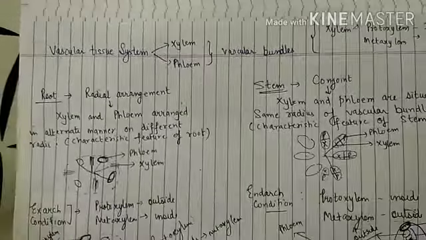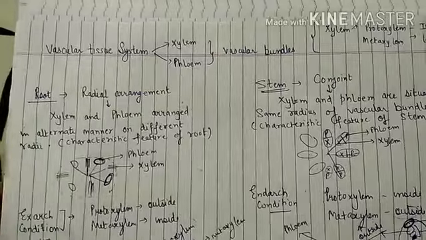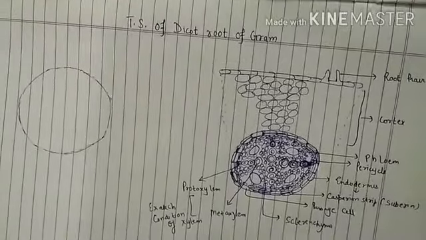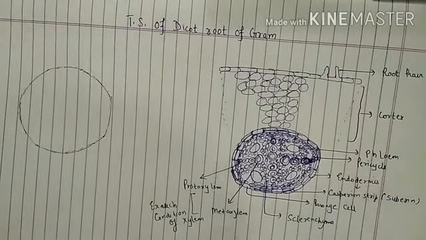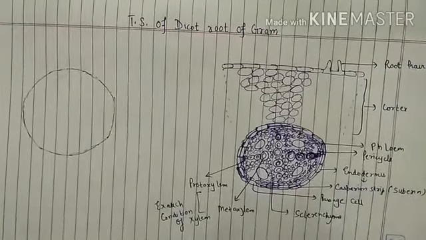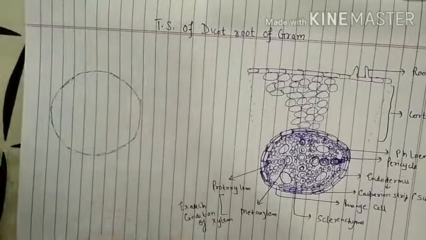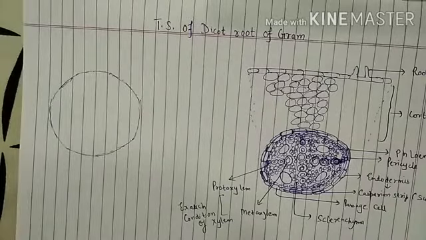Now let us see the anatomy or TS of dicot root. So in TS of dicot root, you will observe that the first layer of cells is the epidermis. There is a layer of cells known as epidermis.